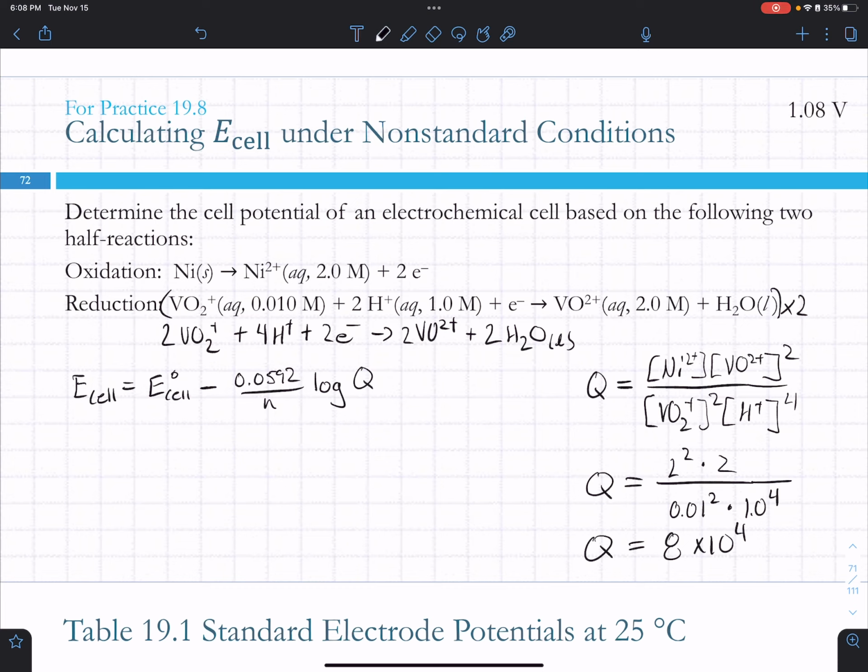And then we also need to find E cell. So we've got nickel, where'd it go? I just had it. So nickel is negative 0.23, and this vanadium is going to be 1.00.